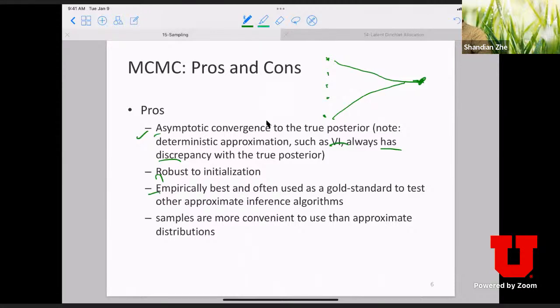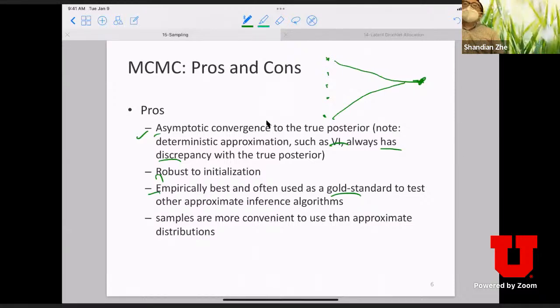And the third advantage of MCMC is that it empirically works best, and is often used as the gold standard to test the performance of other approximate inference algorithms. Like if I invented a new variational inference algorithm, how do I know it gives better quality? People will usually first run a Markov chain Monte Carlo sampling, for 3 days or for 10 days, to get an approximate posterior, and look at whether your variational inference can get a posterior closer to the posterior obtained by the MCMC.